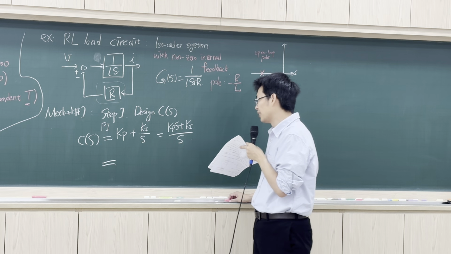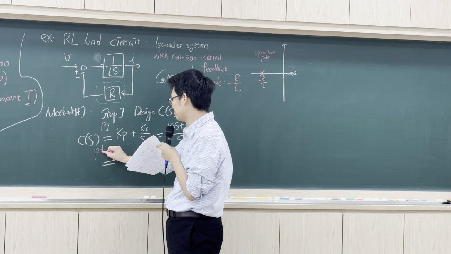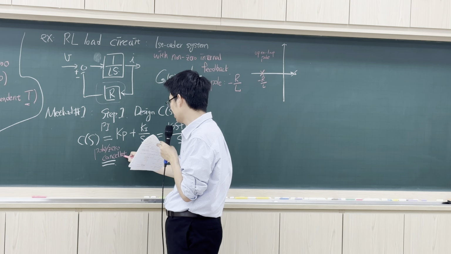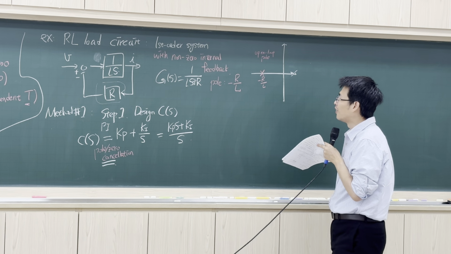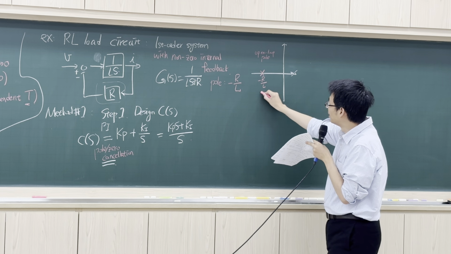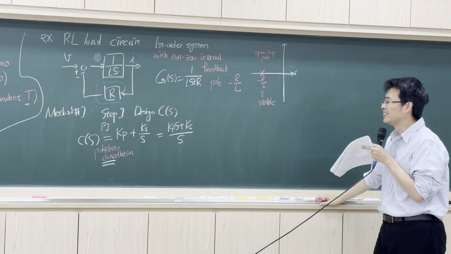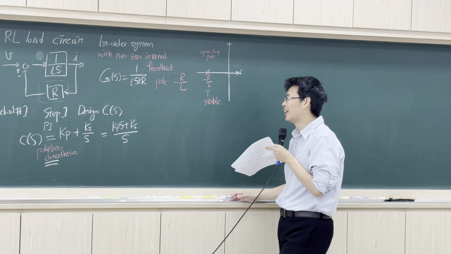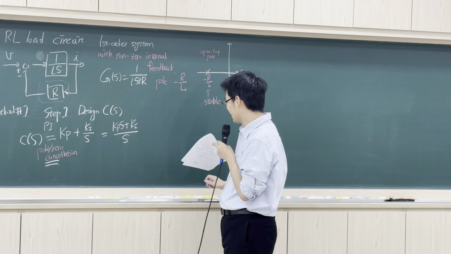So I will use the technology I explained last week called pole zero cancellation. From your automatic control, the requirement for pole zero cancellation is to make sure your open loop pole and the zero should be in the stable area. So right now this is minus R over L. This is a stable system, so we should be able to apply pole zero cancellation.